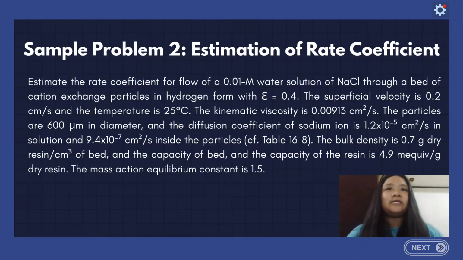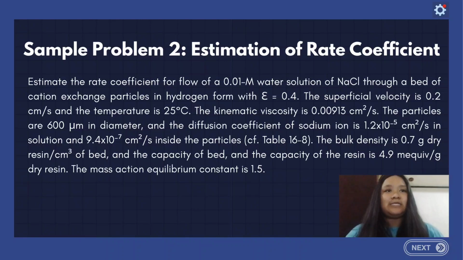The particles are 600 micrometers in diameter and the diffusion coefficient of sodium ion is 1.2 times 10 raised to negative 5 cm squared per second in solution and 9.4 times 10 raised to negative 7 cm squared per second inside the particles.